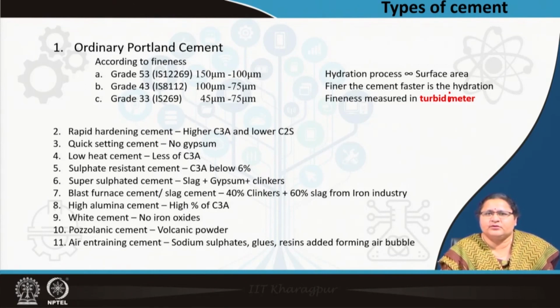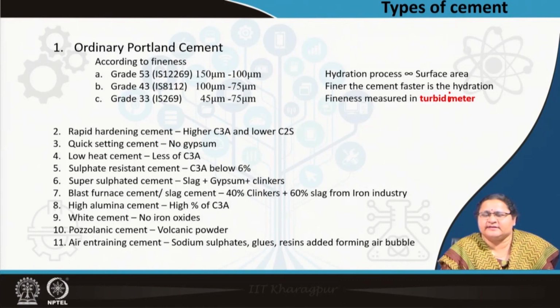White cement will have no iron oxides, that is, the aluminoferrite would be missing, because iron was imparting color, and you will not get any specific color of cement, and you will get white cement. This is a very costly item. It is available in bags of 1 kg, 2 kg, not in 50 kgs, and is used mostly for finish purposes.